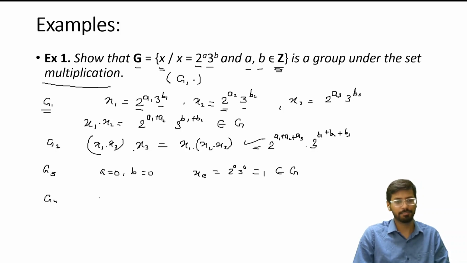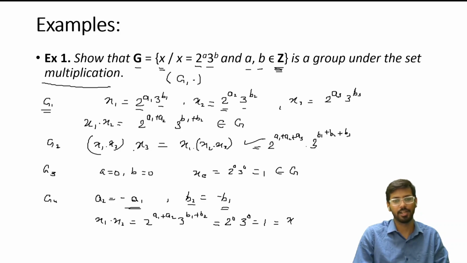And now the fourth property, inverse. For inverse, take a2 = minus a1 and b2 = minus b1. So x1 · x2 is 2^(a1+a2) 3^(b1+b2), and that will be equal to 2^0 if a2 = minus a1 and b2 = minus b1, meaning adding these two gives zero, and 3^0, that is equal to 1, the identity element e.